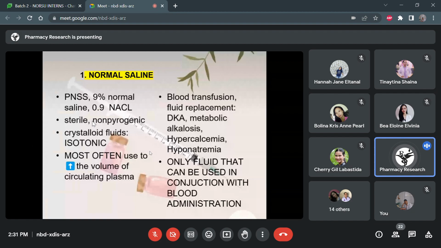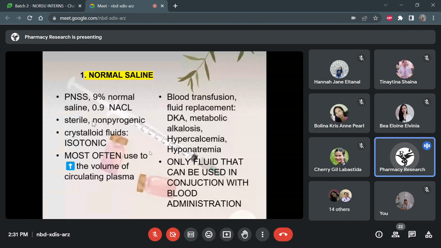If those are used before and after blood transfusion, they can cause embolism. So normal saline is used only for blood transfusion. I noted here: the only fluid that can be used in conjunction with blood administration is normal saline.